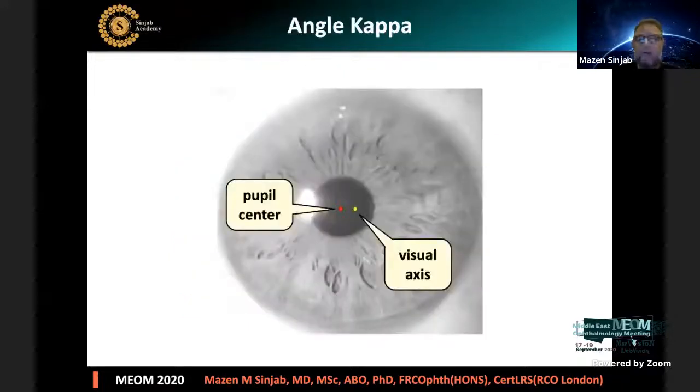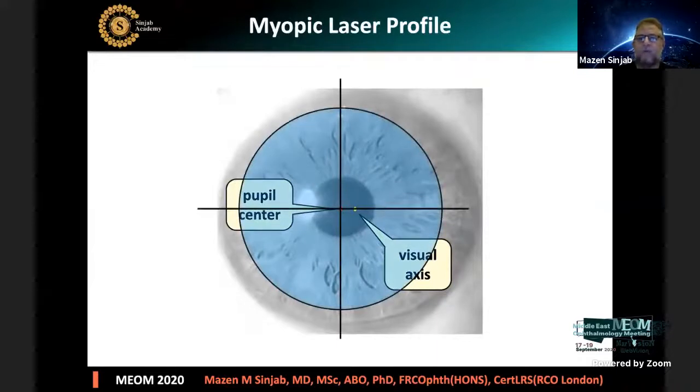Then we come to angle kappa. Angle kappa is very important to be taken into consideration in order to centrate the laser profile with the visual axis rather than the pupil center, because as we know, the laser machine detects the pupil, and the laser profile will be applied based on the pupil rather than the visual axis unless we do a shift.